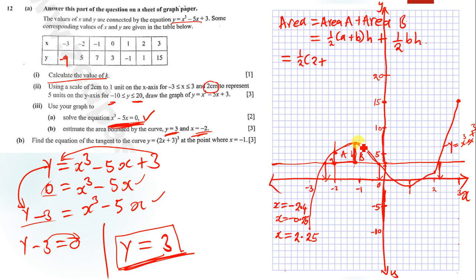If this is 7, I can count this as 7.5 somewhere there. So I'm going to say plus 7.5. Yeah, this is an estimation. You are not finding the accurate answer.